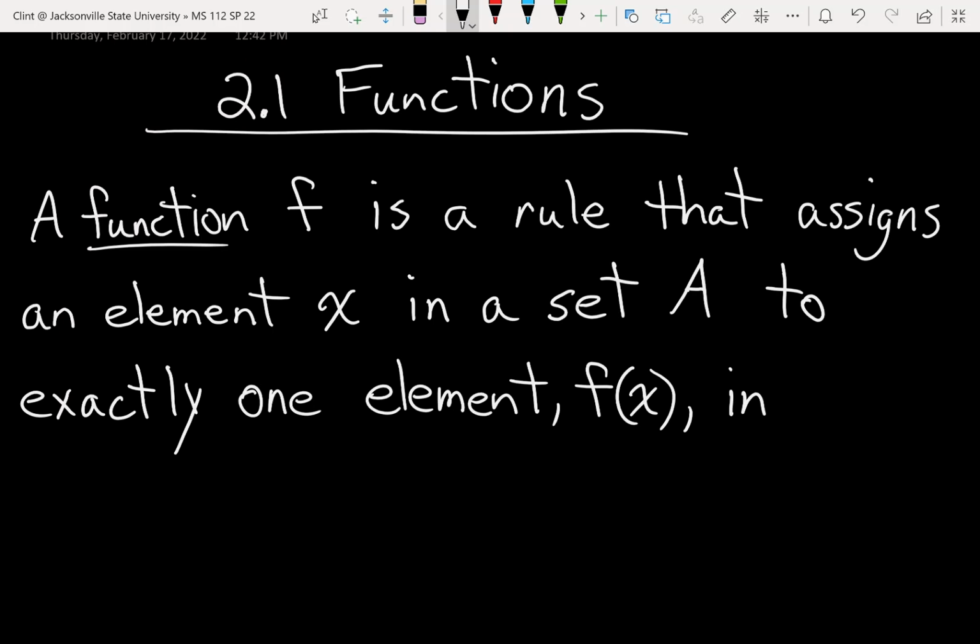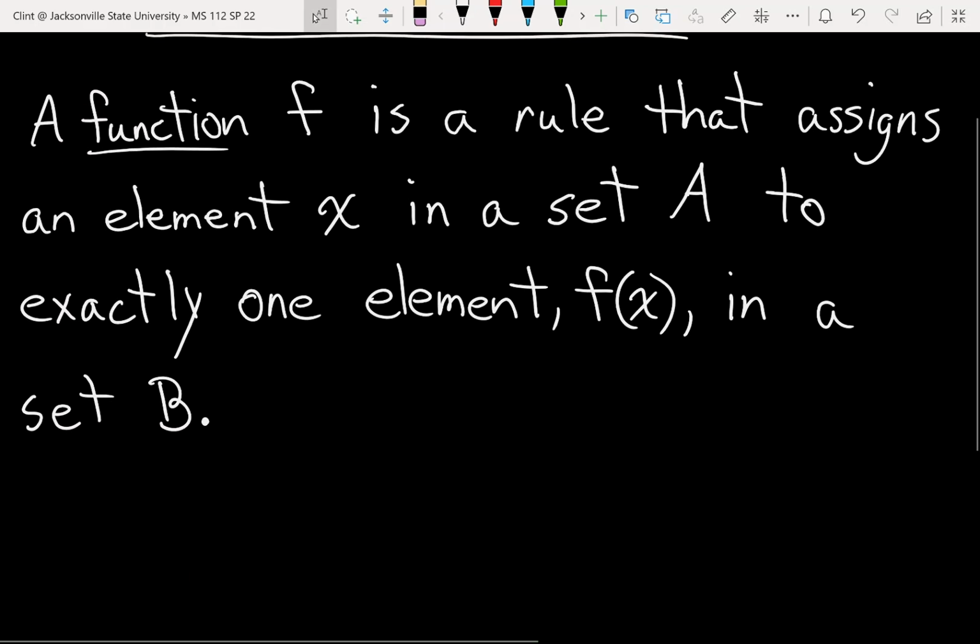And then those f of x's will belong to some other collection of things. So we'll have some other set. Being very general with that definition. So what we're saying is we take an input of some sort and it gets assigned to exactly one output, is another way of saying that. That's what we're calling a function.